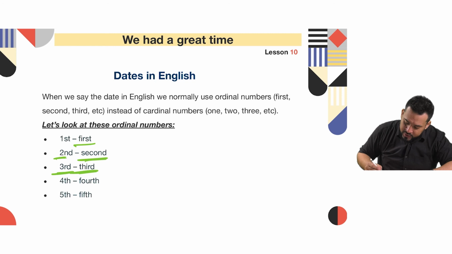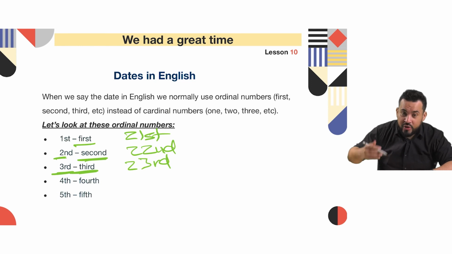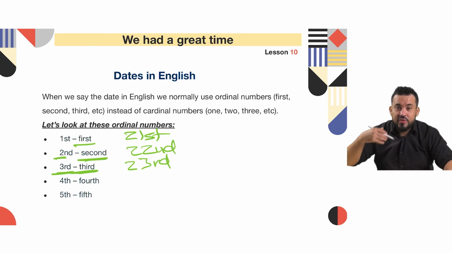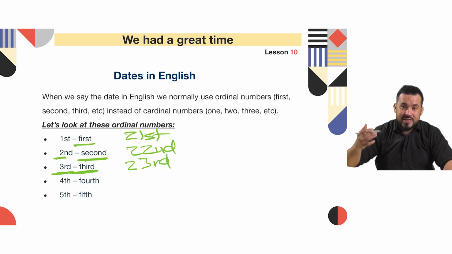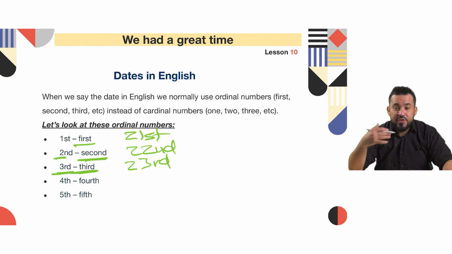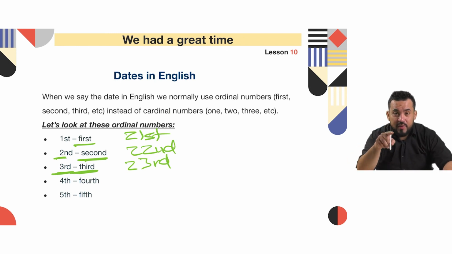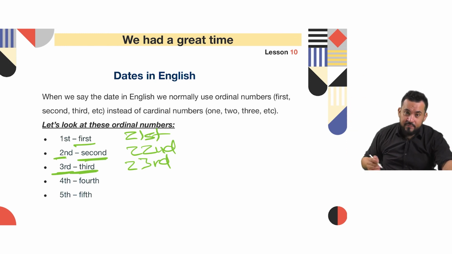It will be the 21st, the 22nd, and the 23rd, and so on until we reach 100. The 31st, the 32nd, the 33rd, the 41st, the 42nd, the 43rd, the 51st, the 52nd, the 53rd, the 61st, the 62nd, the 63rd, and so on. Keep that in mind. The irregular part is 11, 12, and 13. Those are different, but from 20 on, it's the same.